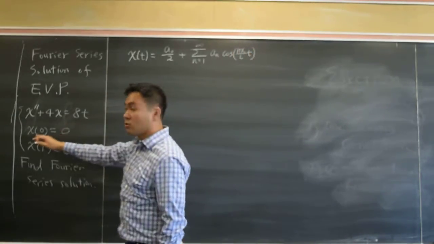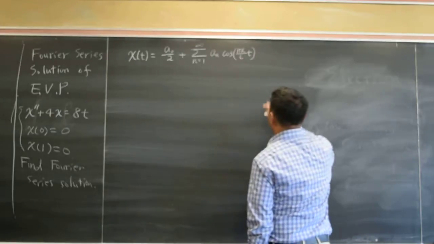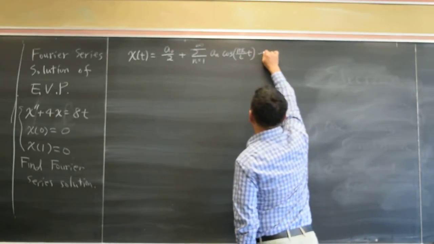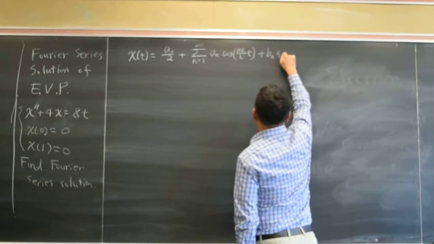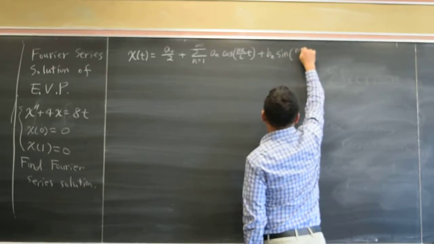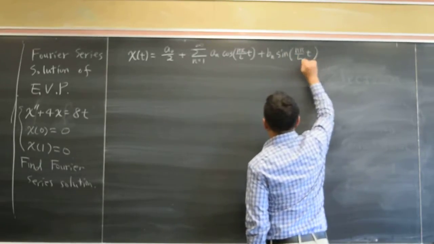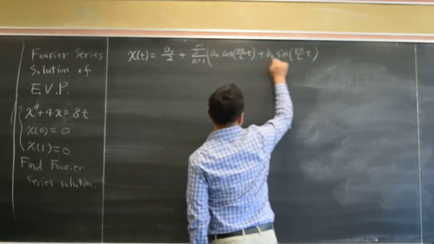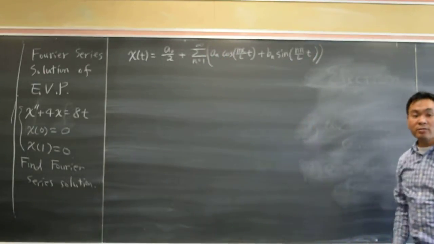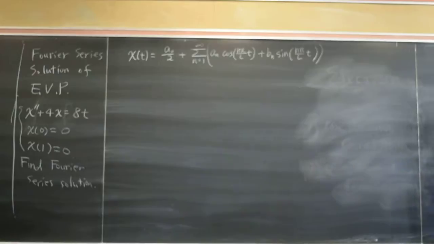Now because x is a function of t, I have to write it as t rather than x, plus bn sine n pi over L t. That's the kind of solution I want.